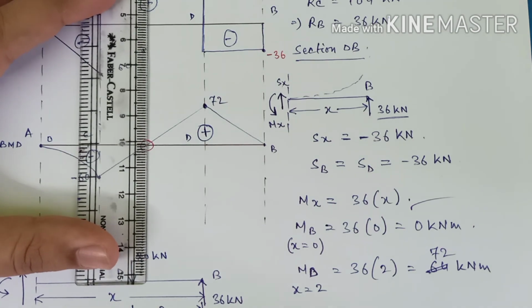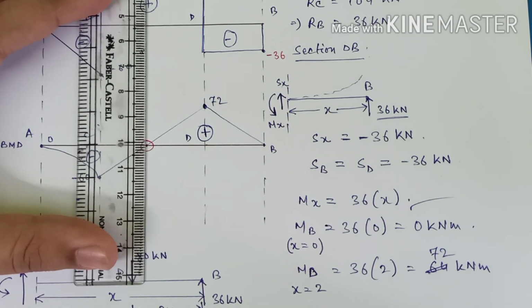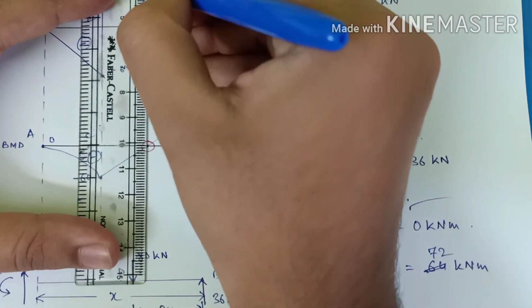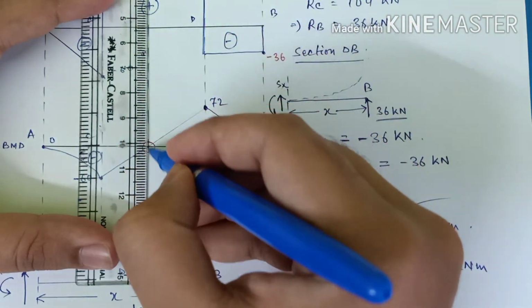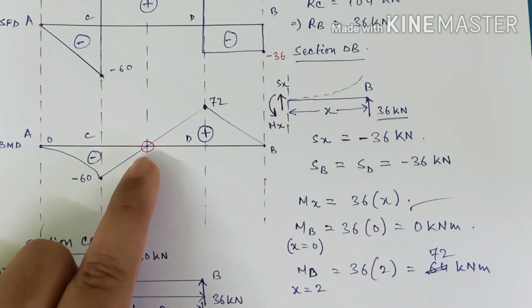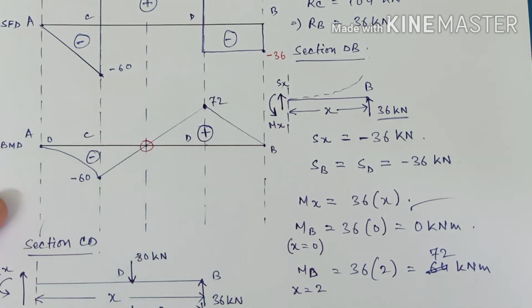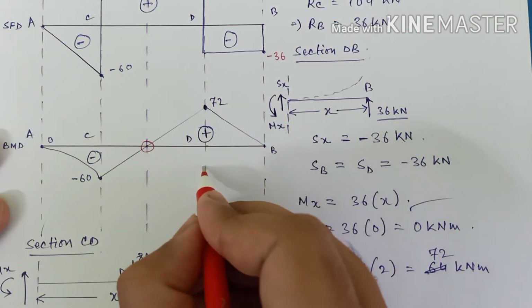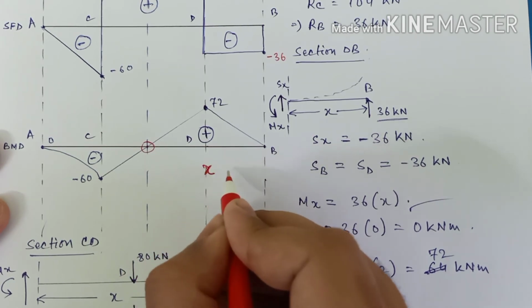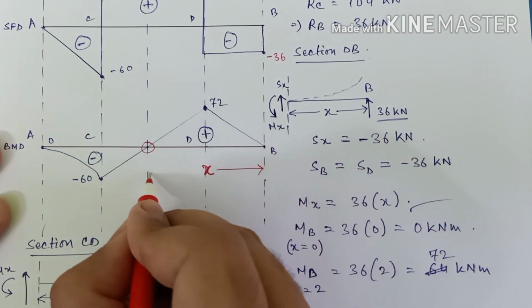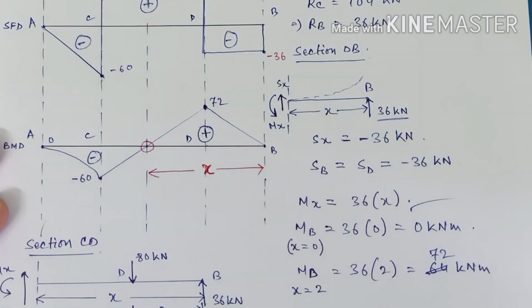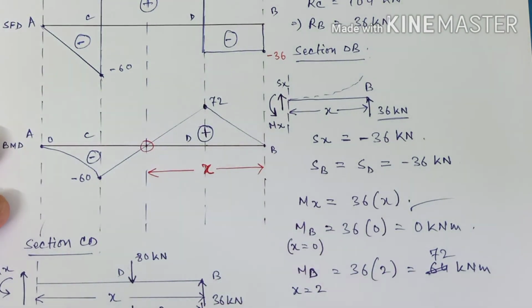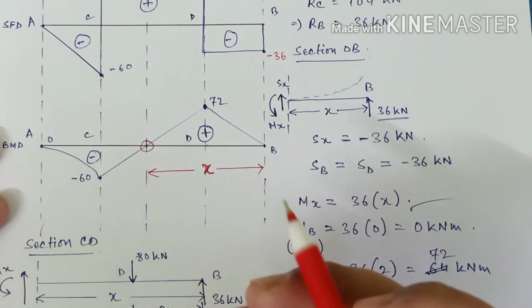Let me just draw the line over here. You just have to locate the point from the origin, because we don't have any other way to locate this point. So we have to find this distance.